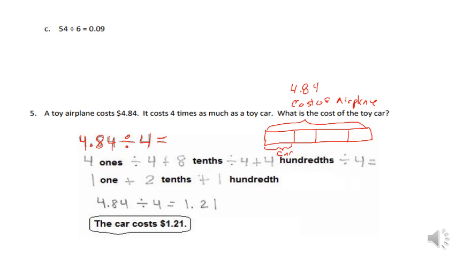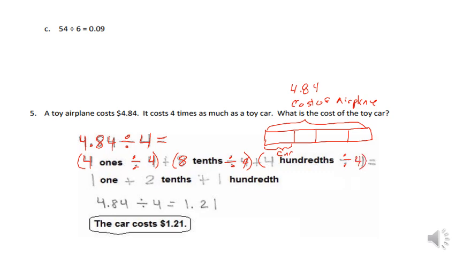Now what they've done here is they've used distributive property, and they're breaking it out. I have 4 ones divided by our divisor, which is 4, and I'm going to put parentheses around that, plus the next place value is 8 tenths divided by 4, put parentheses around that, and last we have 4 hundredths divided by 4.